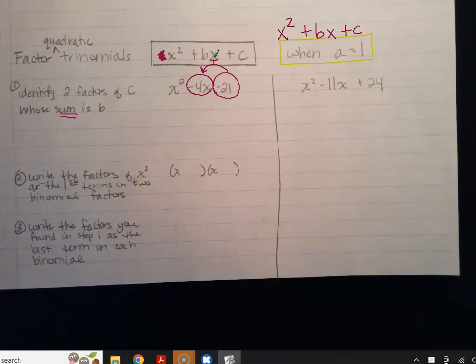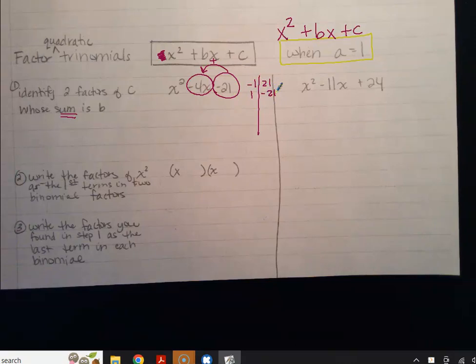Because that's how we find the binomial. Okay, so let's make a list. Negative 1 times 21 equals negative 21, right? Any 2s? 3s? Let me back up for just a second. This could also be 1 and negative 21.